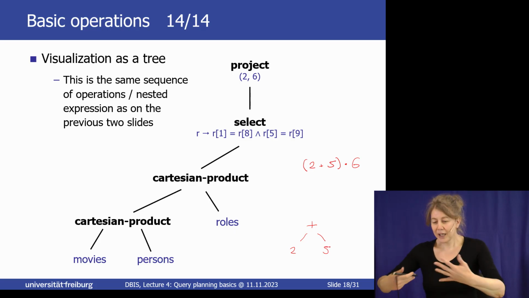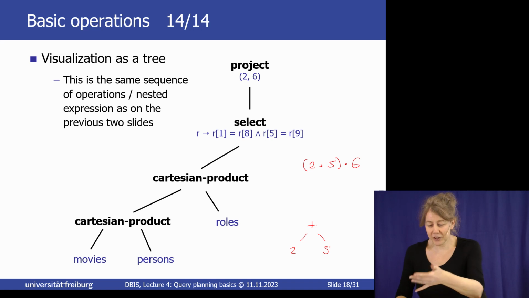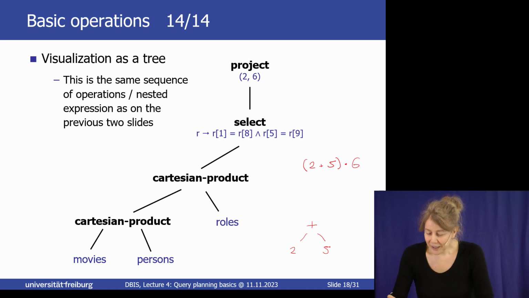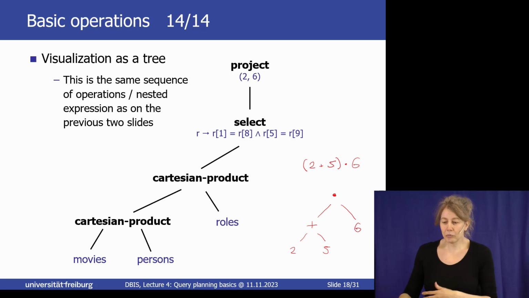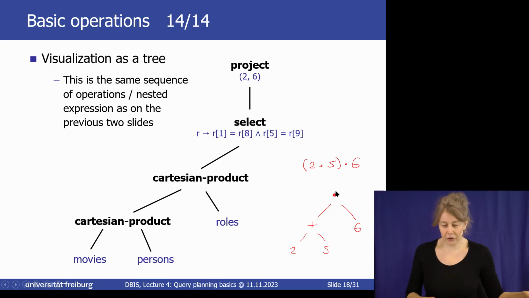And actually, if you implement something that evaluates general arithmetic expressions, you will do something like this internally, right? And here I have the multiplication, and here I have 6. And now another question is how you evaluate the tree. If you do it bottom up, it's 2, 5, plus, the result is 7, 7, 6, multiply, 42, and so on. Any questions about this?